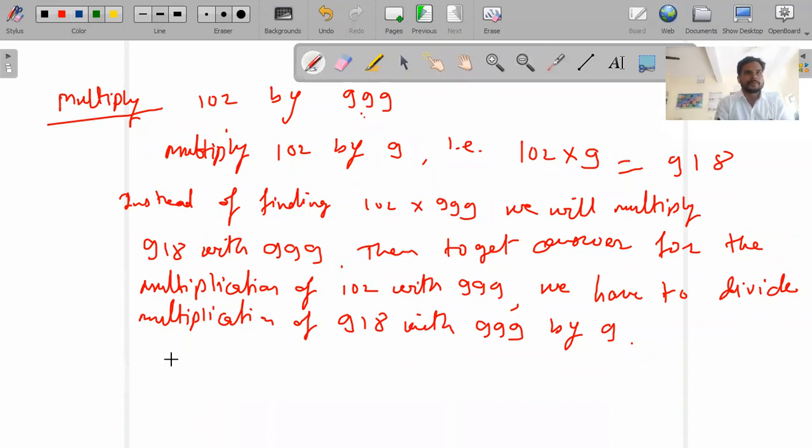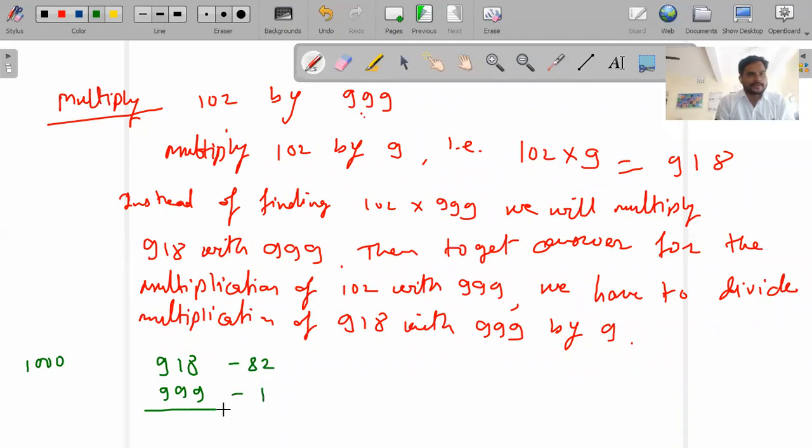What will be the multiplication here? 918 into 999. As usual, base is 1000. So here what will be the subtract? Minus 82.